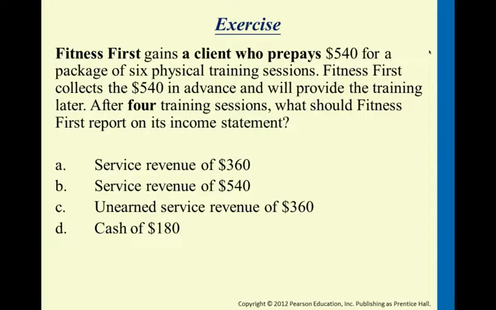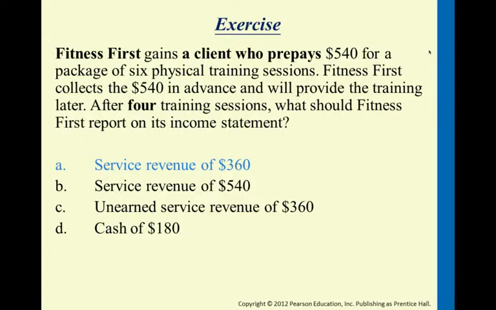Okay, so earlier we have $540. This is a liability. And we're turning the $360, the service that we already provided, into actual service revenue. On the income statement, remember it only captures revenues and expenses. If this is the only entry, then you will see under service revenue a dollar amount of $360.